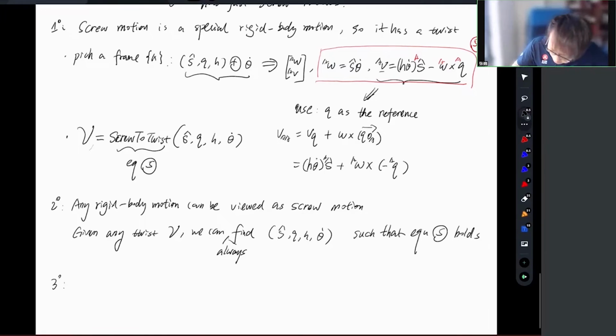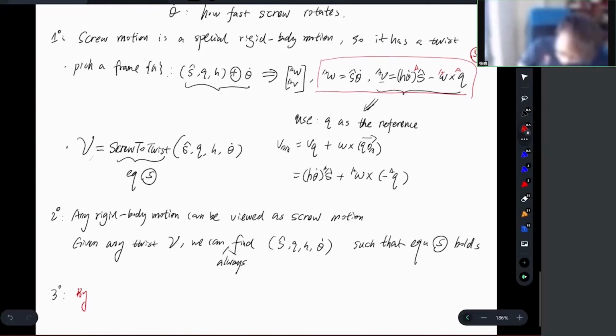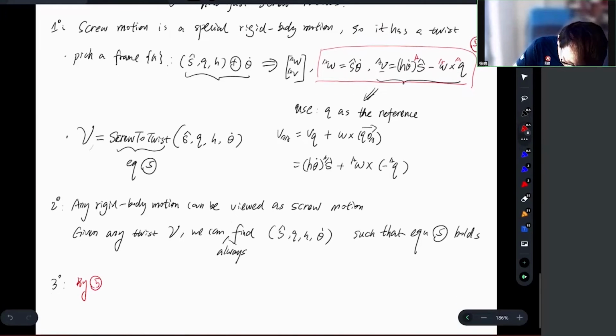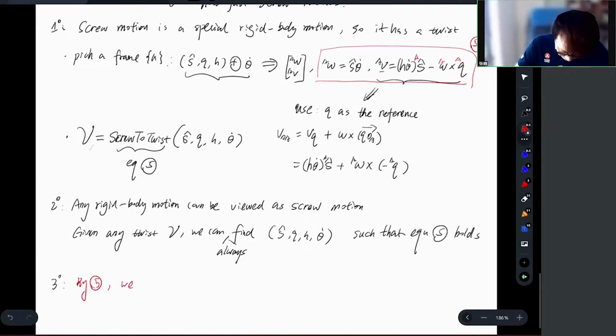Another thing that's very important is the following. By equation 5, we know V equals screw to twist.